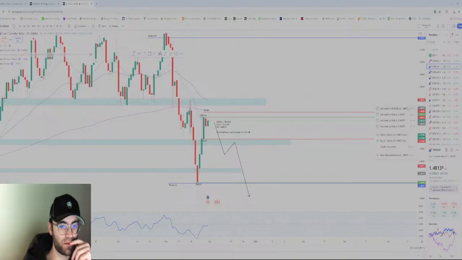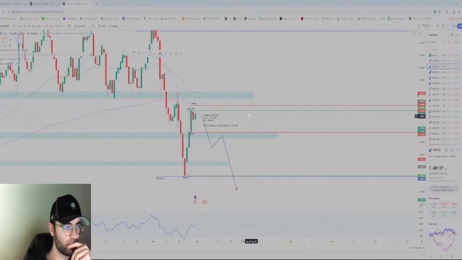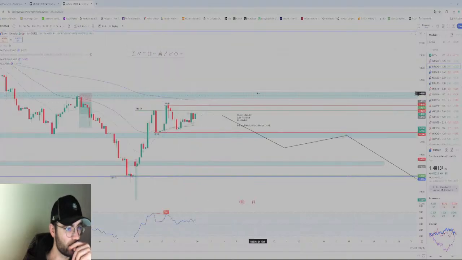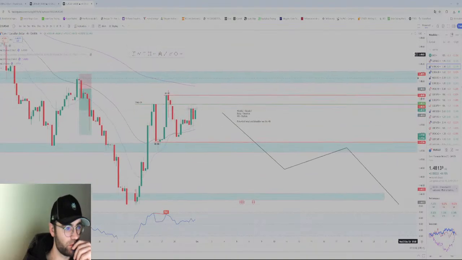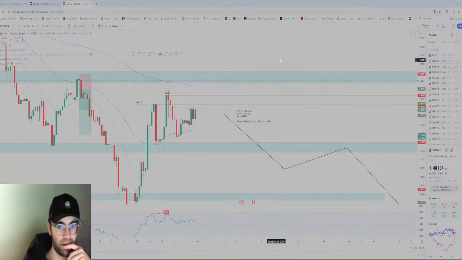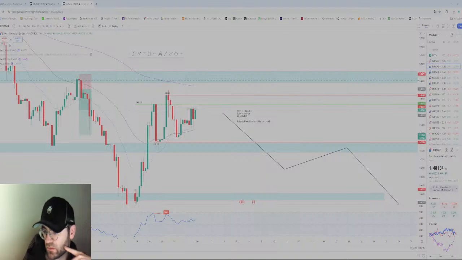So I wouldn't be surprised if it shot up here and then wicked, but I definitely need to keep a close eye on this one. I like this trade. All right, on to the next.